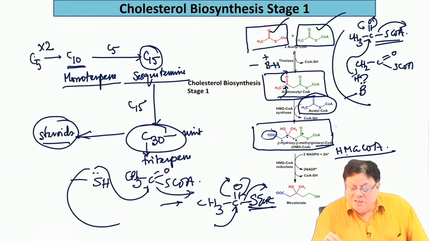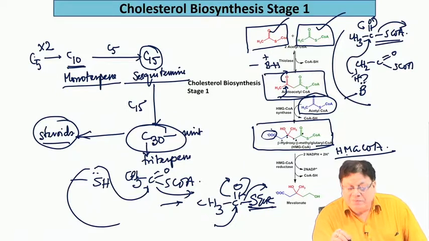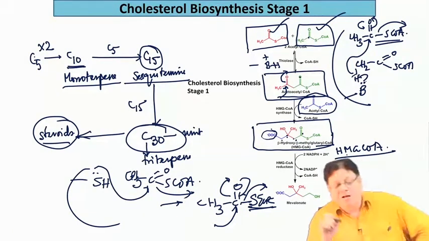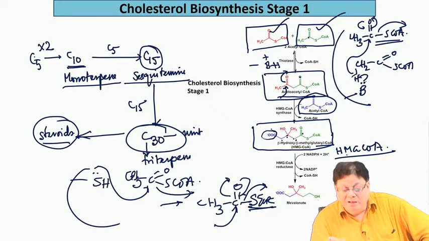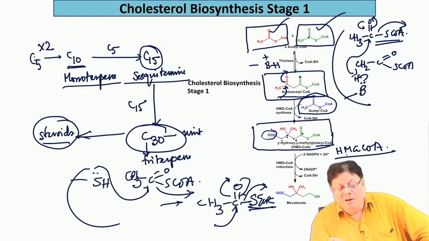Now, this is basically, first there is a condensation, expulsion of one acetyl, just the CoA is expelled, and then the next step you have a nucleophilic addition to the beta carbonyl, by another acetyl coenzyme A, but that is associated with hydrolysis of the CoA also.